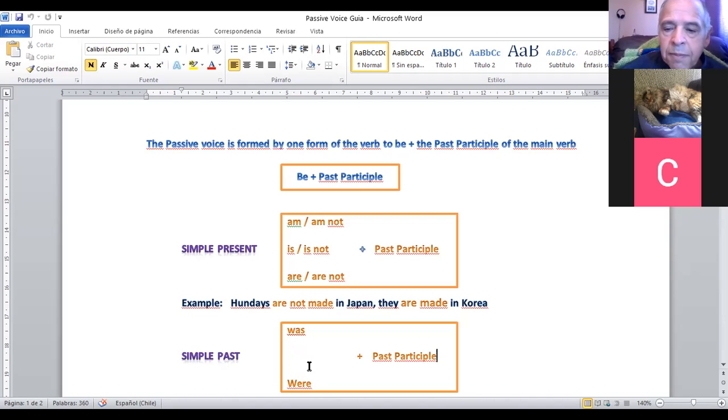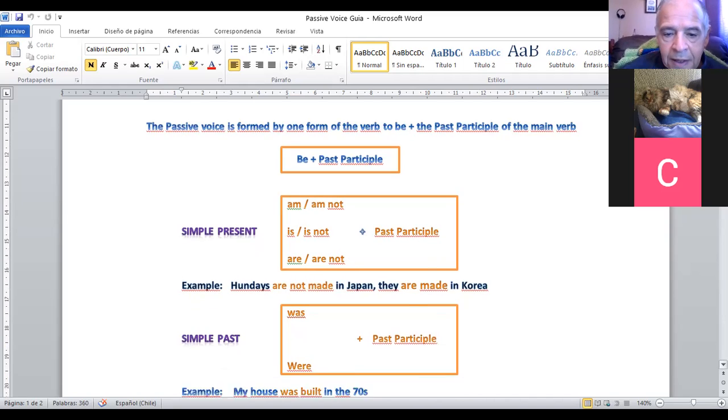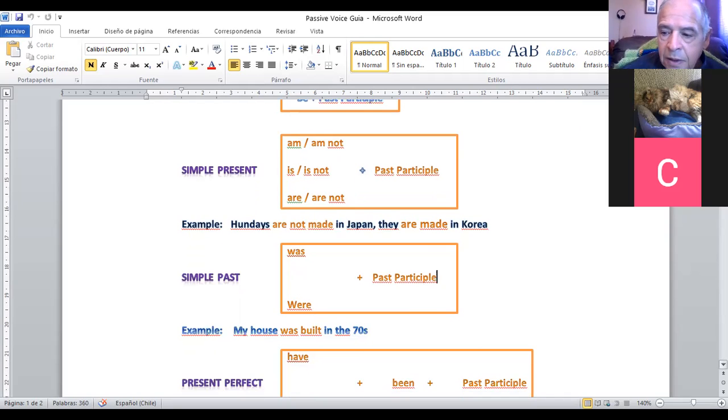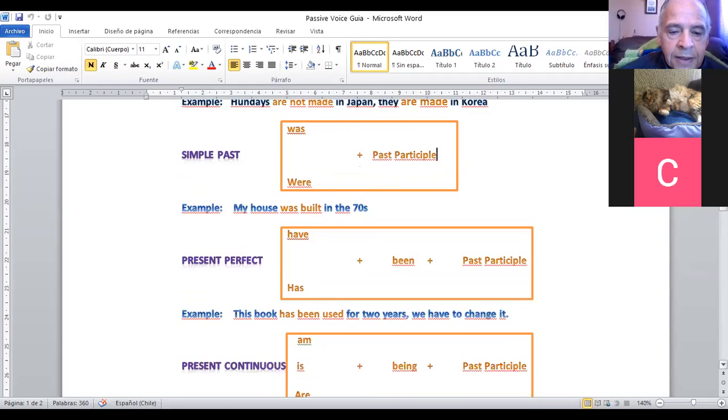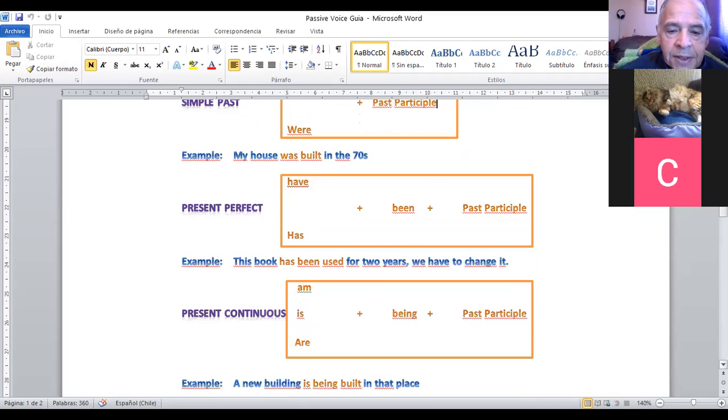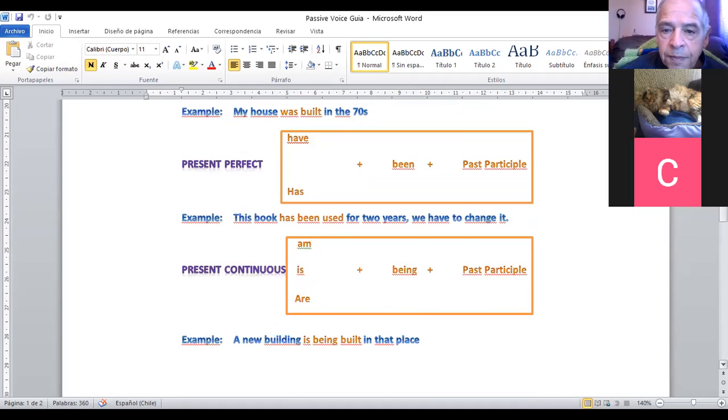Simple past, was, were plus past participle. And present perfect, have, has plus been plus past participle. Then you have an example of each one. And present continuous, am, is, are plus being plus past participle, etc. So always you have one form of be and the past participle. And these forms of be are changing all the time.